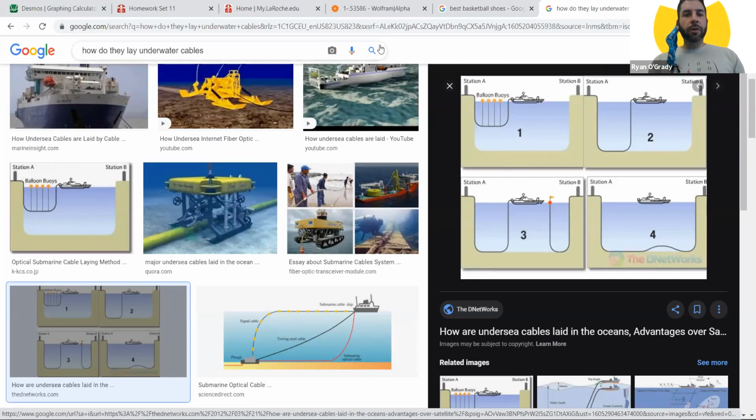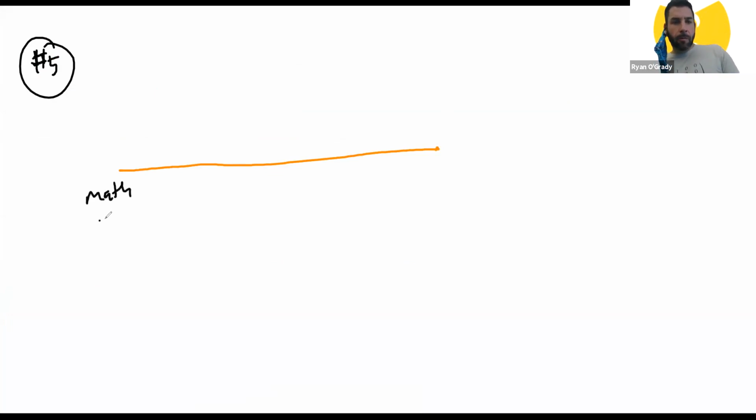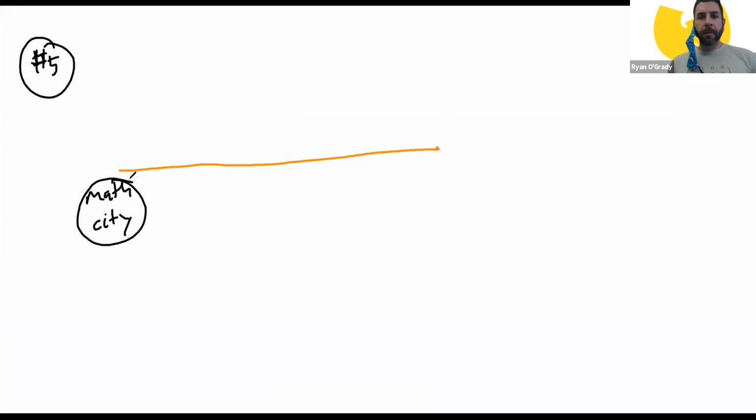But anyhow, we're going to do a very dumbed down version of this problem. So here's what we have. We have a seashore right here. We have a city, which I'm going to call Math City. We'll illustrate it like this. And then we have water.